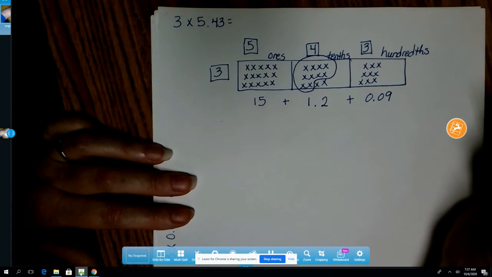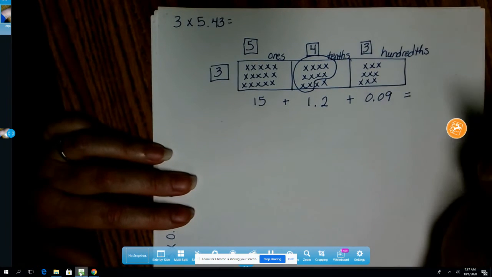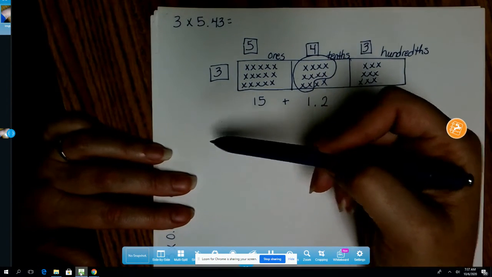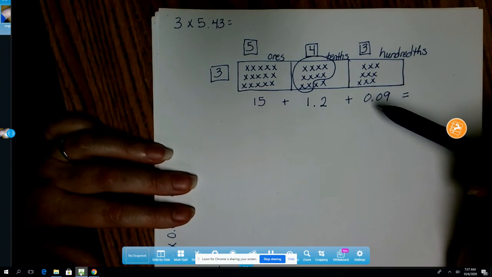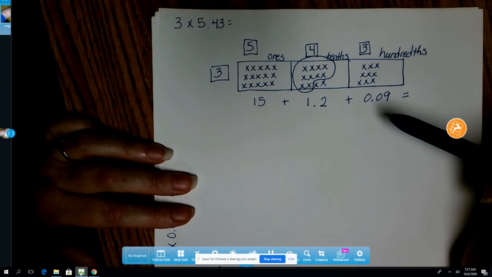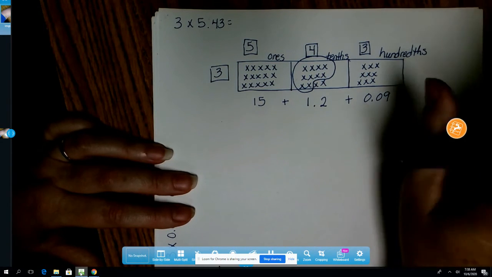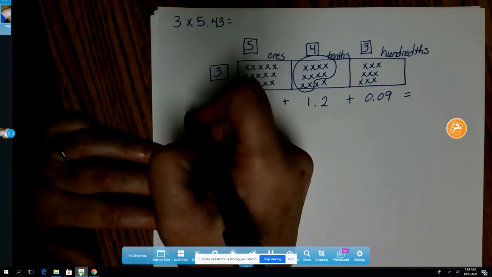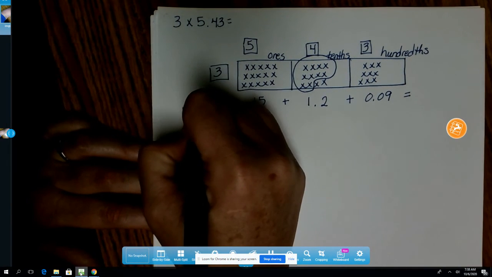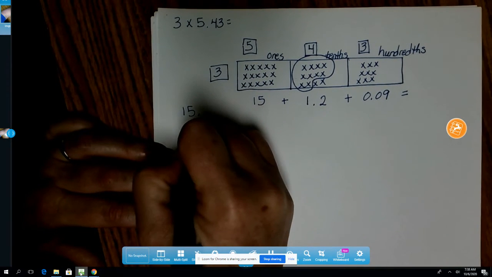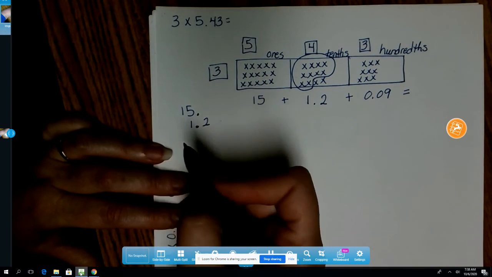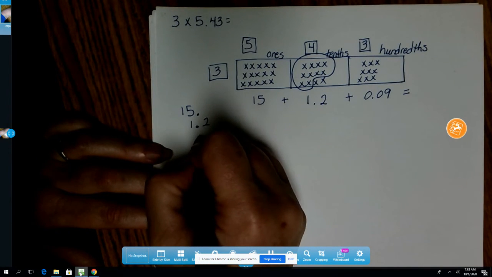And now those need to be added together. My brain works better when I add going vertically, but you can do it this way. If you're going to do it this way, be very careful because it's easy to get those decimals out of line and then come up with the wrong answer. Remember that when you're adding with decimals, you want your decimals to line up.